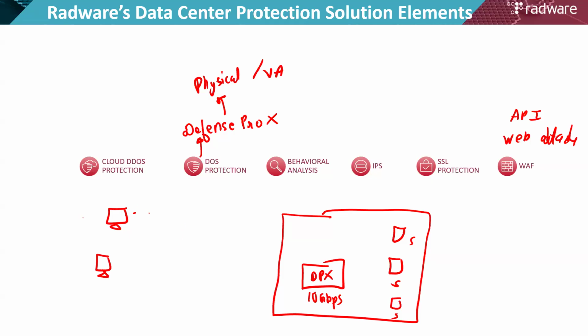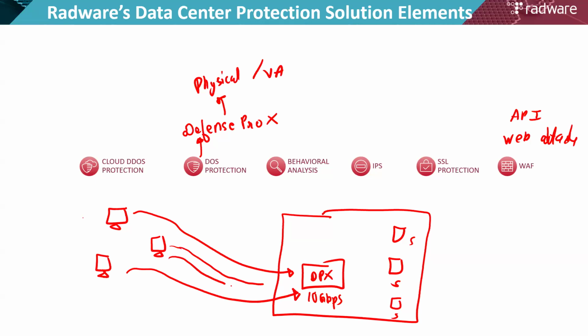Let's suppose the traffic is coming in from all the clients towards this Defense Pro. These are all legitimate clients. But let's suppose we have another client who is sending a large amount of volumetric traffic. This is your attack traffic, a large volumetric attack, basically from a hacker. This attack traffic coming to the Defense Pro is greater than 10 Gbps.